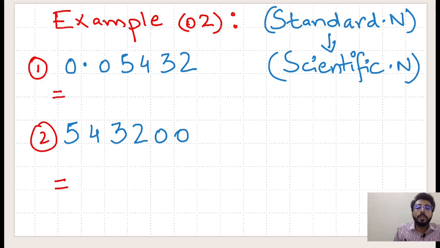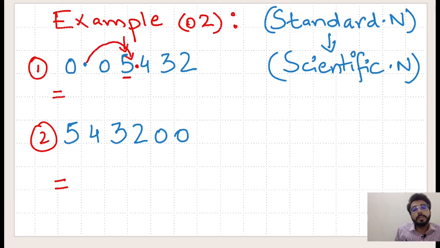To convert the standard form into scientific notation, the rule is that we have to place a decimal point after the first non-zero left-hand digit. So we have to move this decimal point from here to this.